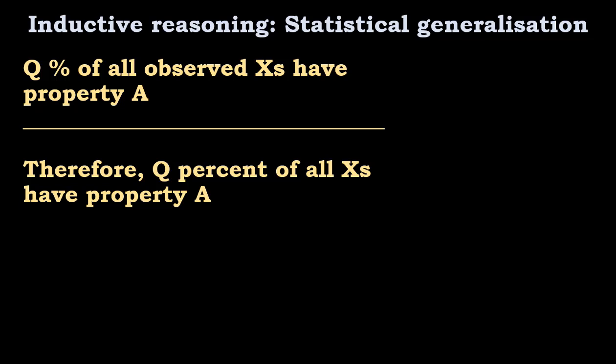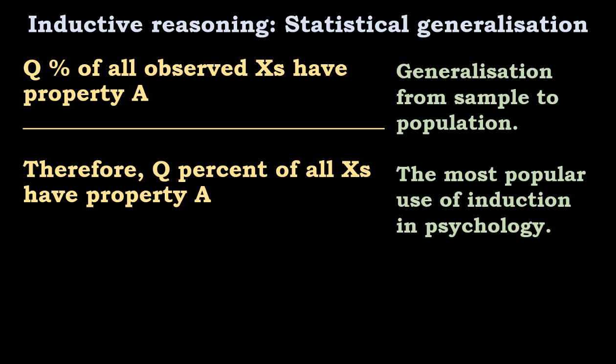It may be the case that only a percentage of them have that property, but I can still make an inference about the whole class of x's, and I can make an inference to what percentage of instances of x have the property.